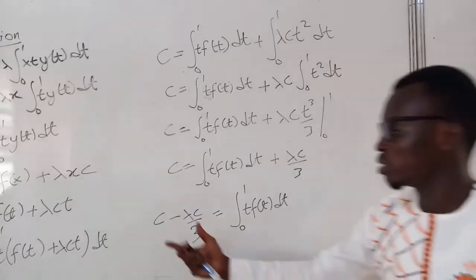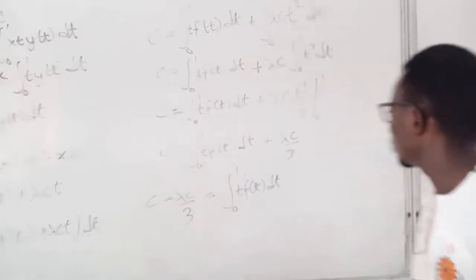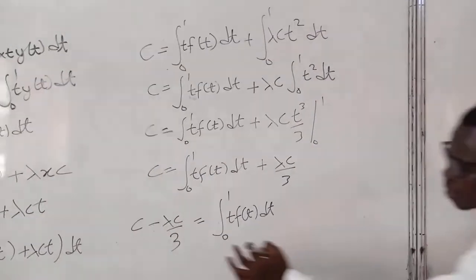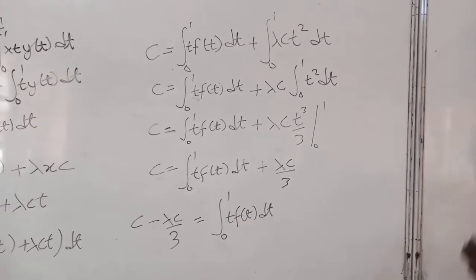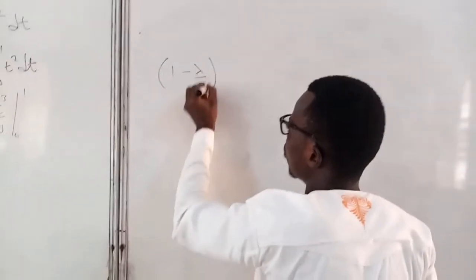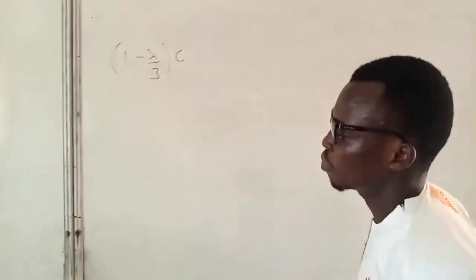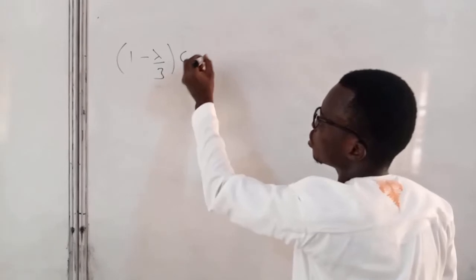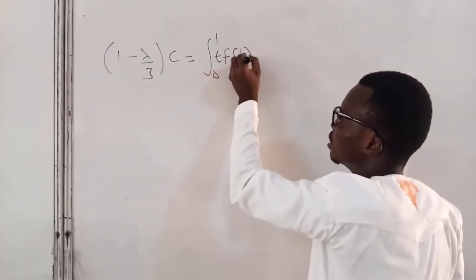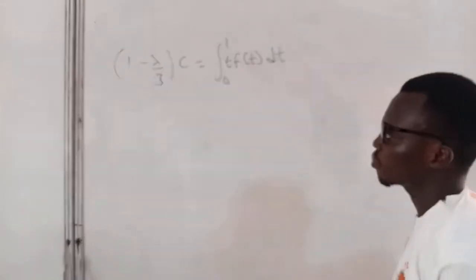Now you can easily factorize the c out. So if you factorize c out, we're going to have 1 minus lambda divided by 3, all times c, which is equal to the integral from 0 to 1 of t f of t dt.